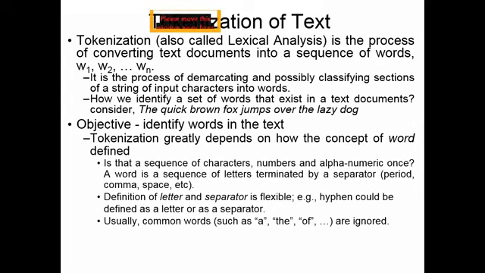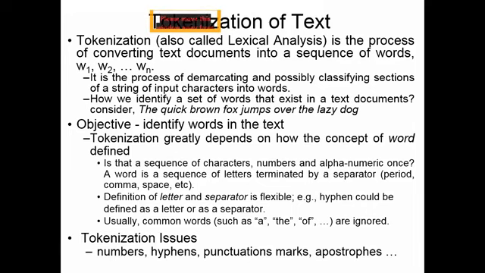And then punctuation should be used as a point where we can separate one word from another word. So tokenization is the process of identifying words as per the definition we have from the sequence of words that are available in textual documents.